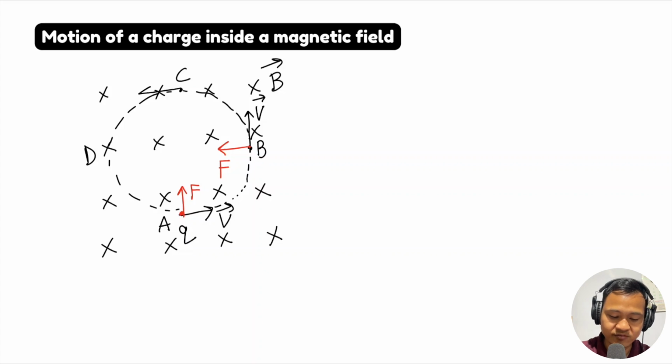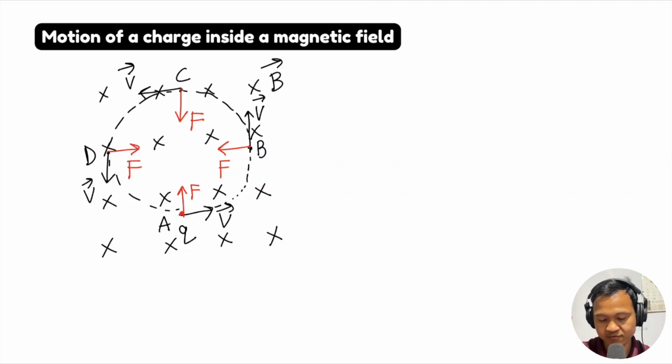At point C, V is along this side. In a circular path, the velocity direction is along the tangent. Therefore the force will be along this side. Similarly at point D also.